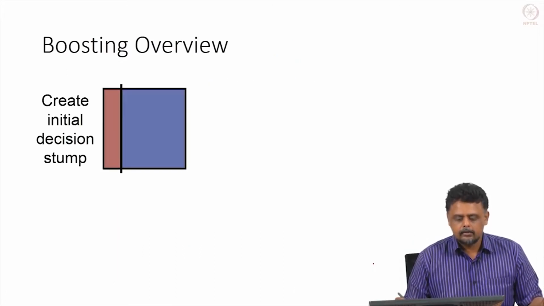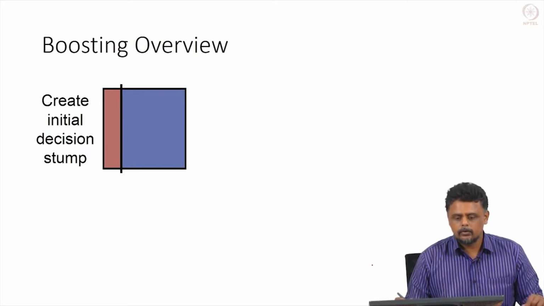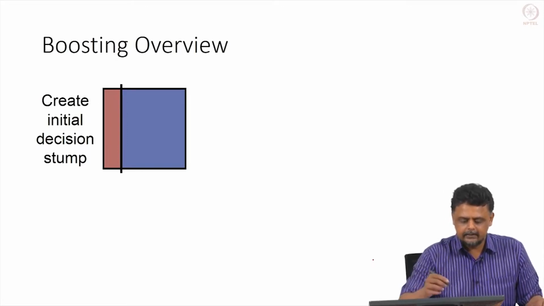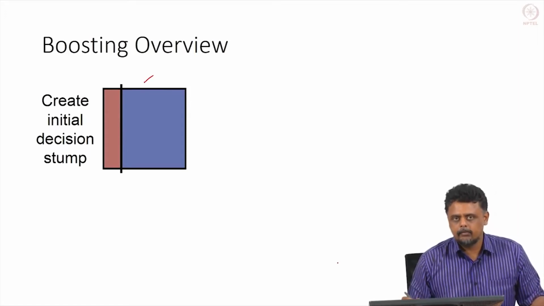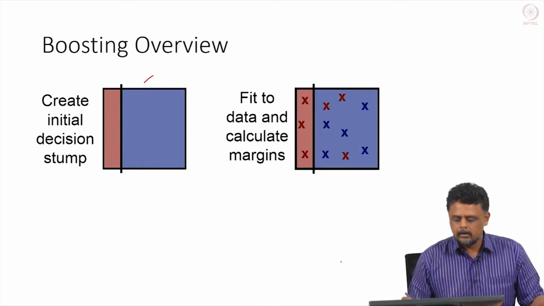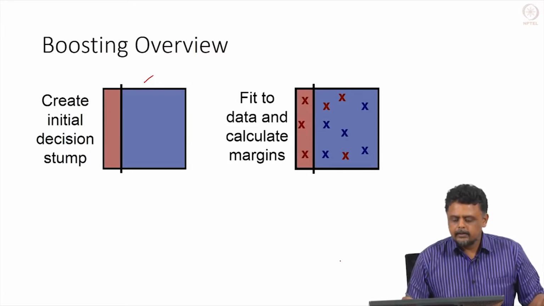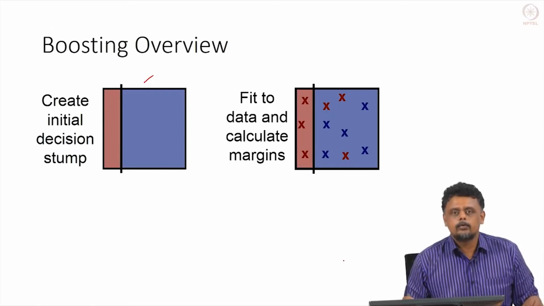Okay. So, a brief overview. We create an initial decision stump based on one of the features to split the data space into two. Just for the sake of illustration, we are showing a 2D plot. Of course, we know that input data can have multiple features. Here we are looking at just a couple of features. Based on the splitting by the decision stump, we have two classes.